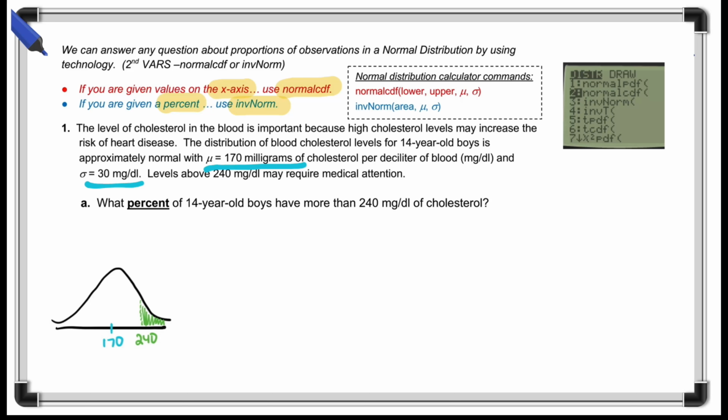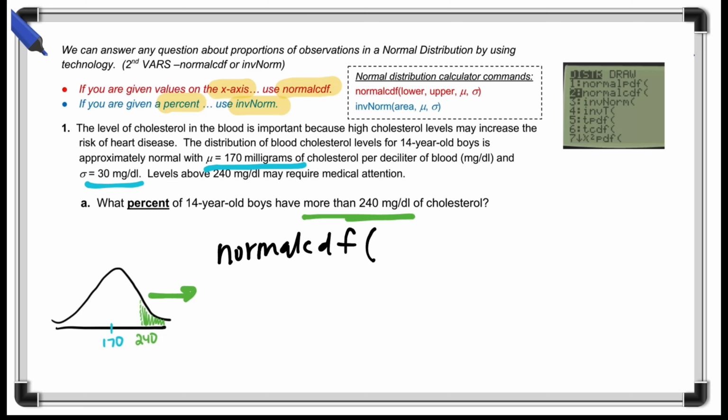Now, in this question, you are asked to find the percent of 14-year-old boys that have more than 240 milligrams per deciliter of cholesterol. So again, you have your mean, which is 170, and then you are looking at more than 240. So we're looking at 240 to the right. Because you are given an x value, you are going to use the normal CDF.